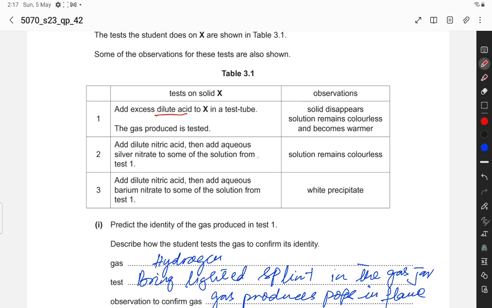Add dilute nitric acid then aqueous silver nitrate to some of the solution from test 1. The solution remains colorless. These are the tests for halide ions.